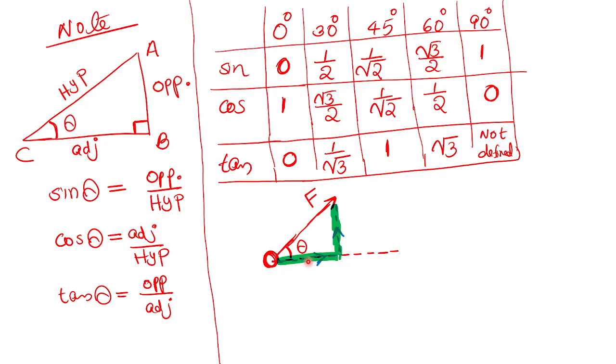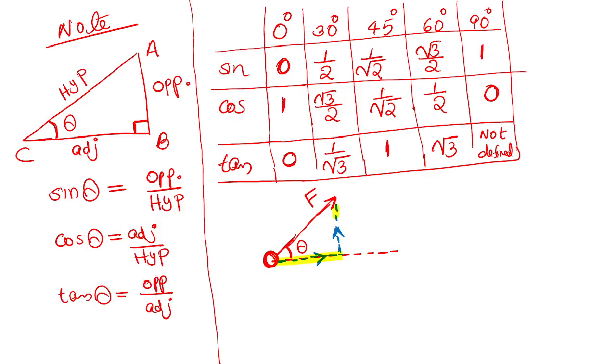So as per the triangle of vector addition, this force is the resultant of this horizontal force plus this vertical force. If the body experiences these two forces, the net force will be capital F. Not the first time I am discussing; I will repeat any number of times, don't worry.